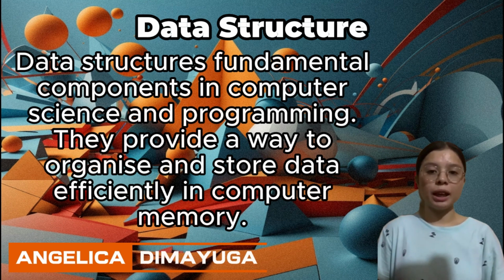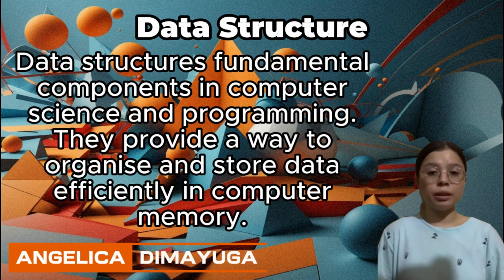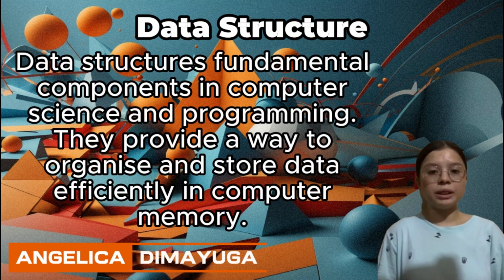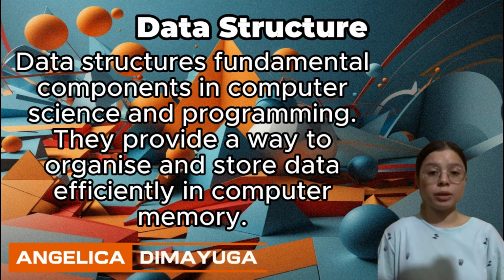Graphs are versatile data structures that represent complex relationships between data points. Hash tables use a hash function to map keys to values, enabling fast data retrieval. Data structures like heaps are crucial for efficient priority queue implementation.